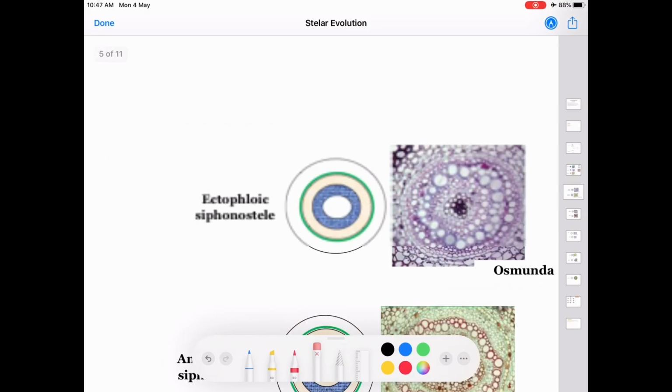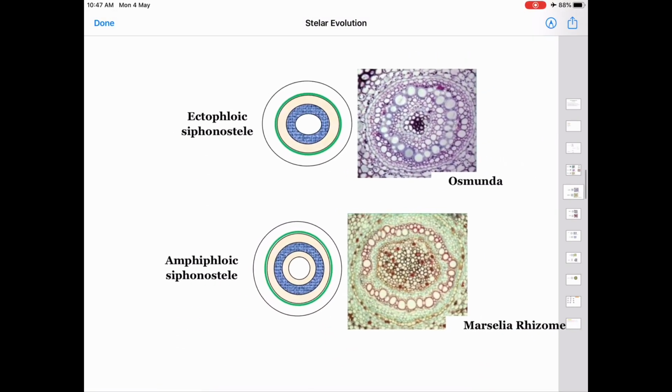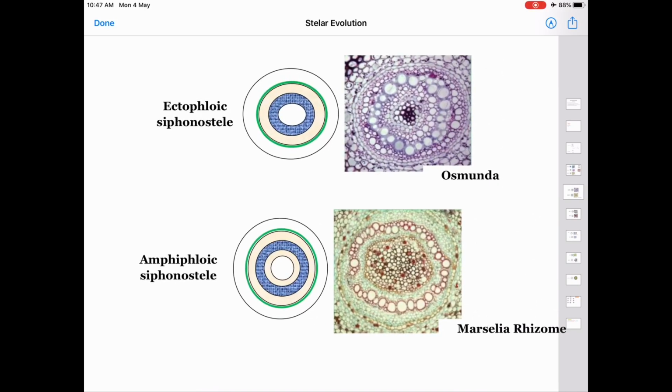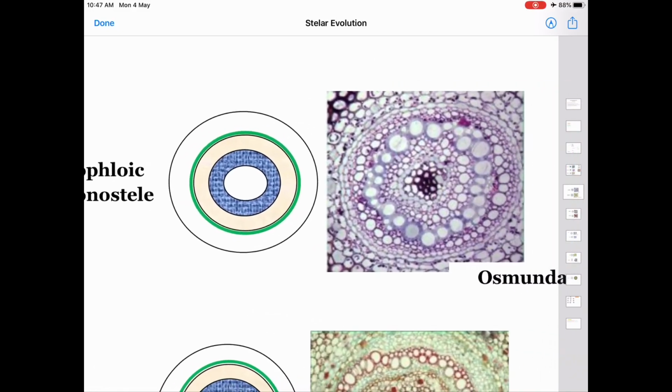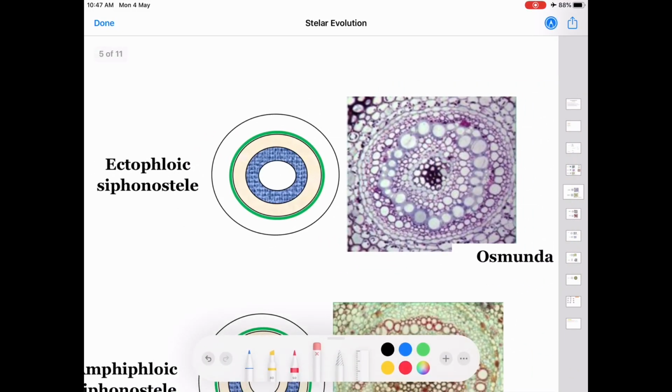Now, coming on to different types of siphonostele. First one is the ectophloic siphonostele and second one is the amphiphloic siphonostele. In the case of ectophloic siphonostele, the central region is occupied by the pith.